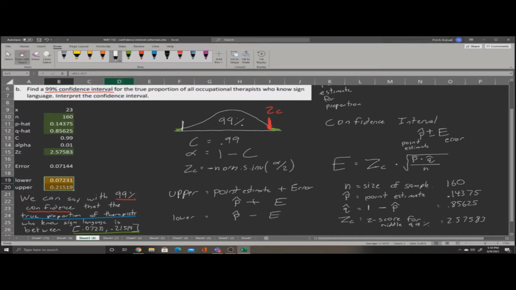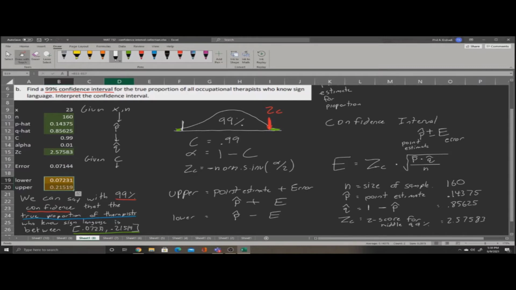So let's review what happened here. We were given an x and an n. Based on the x and n, we found p hat, and then based on the p hat, we found q hat. We were also given a confidence level.